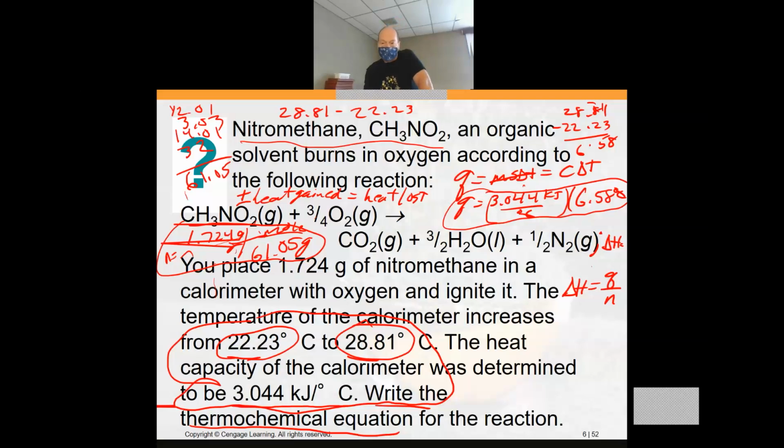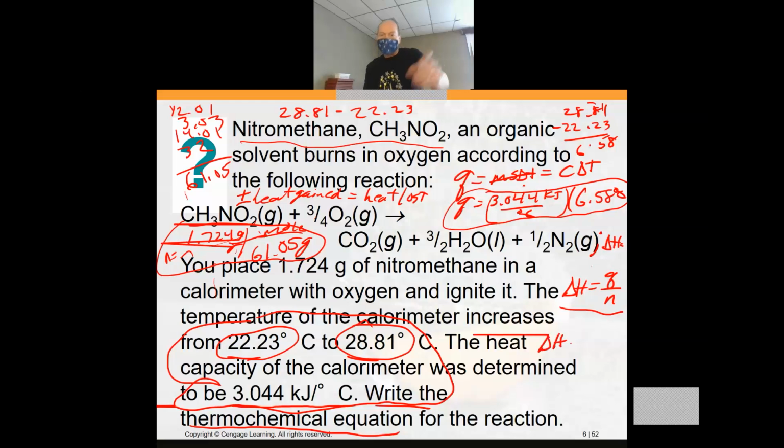So the key here is make sure you see that this reaction is exothermic. How can you see it's exothermic? Well, the temperature went up. Anytime the temperature goes up, that means you released heat. That means it is exothermic, and you need to know that means you have a negative value for your delta H.